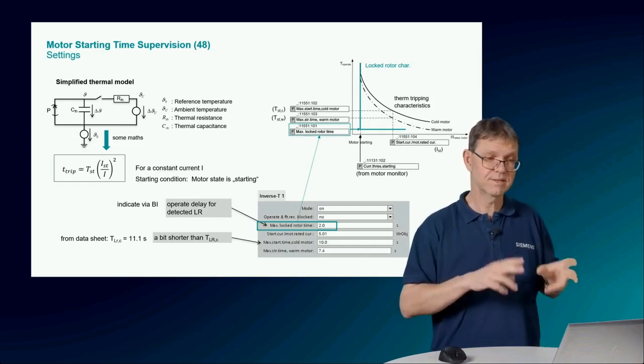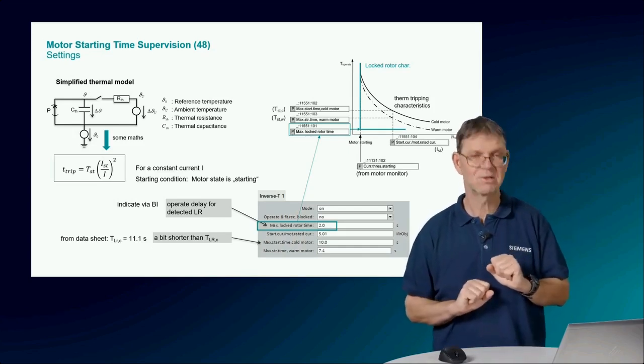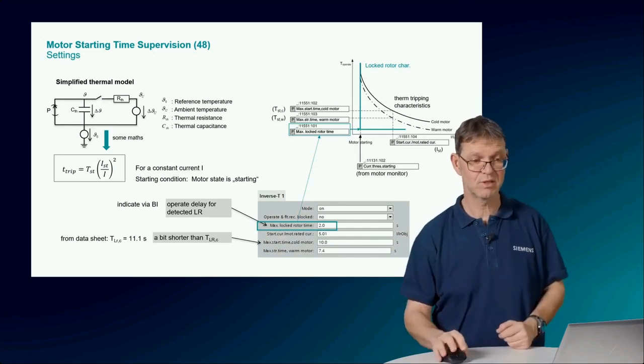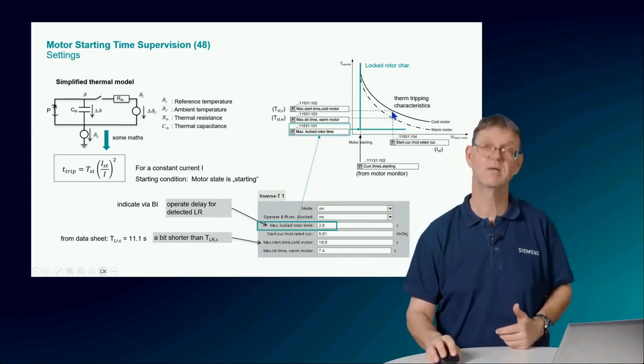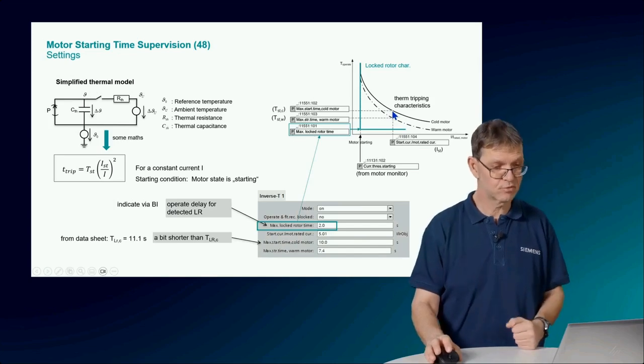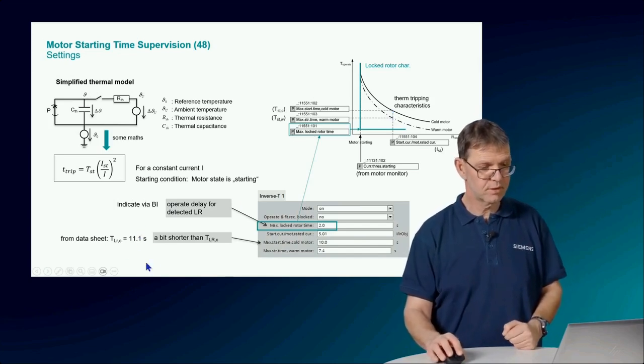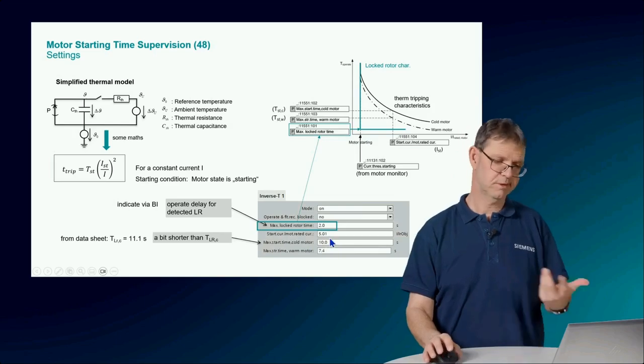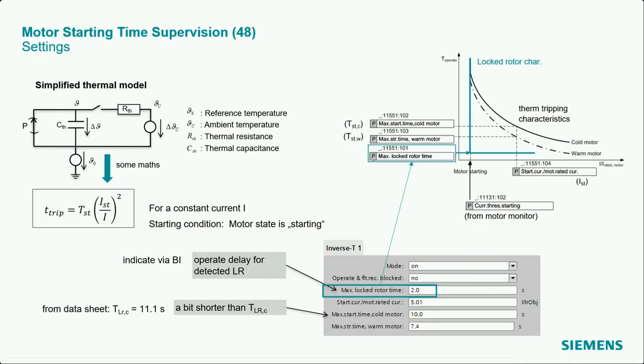In this case, the meaning is it's really what the motor can withstand before there's damage of the rotor. So I took a slightly smaller value because my starting time is far away from this 11 seconds, so I could go a little bit further down.